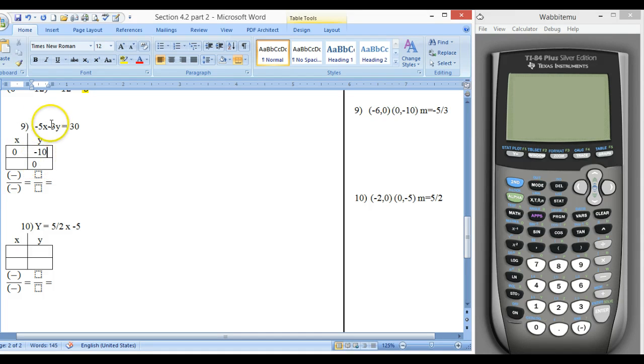Then put a 0 in for the y. 0 times negative 3 is 0, so I can ignore this term. I have negative 5x equals 30, so I want to divide both sides by negative 5. 30 divided by negative 5 is 6.